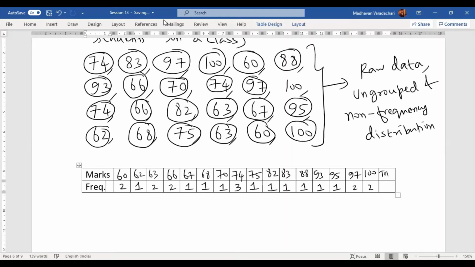This is the total. If I add these frequencies, I should definitely get 24. Let us see. 3, 5, 7, 8, 9, 10, 13, 14, 15, 16, 17, 18, 19, 21, 23. Something is missing. I might have missed some.